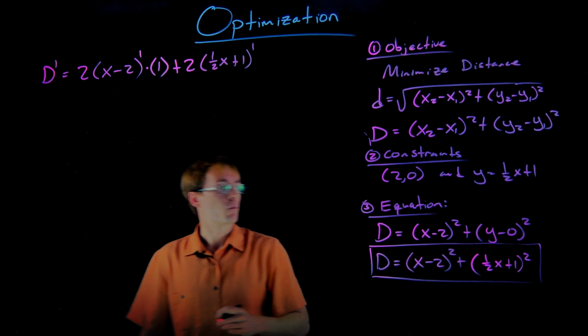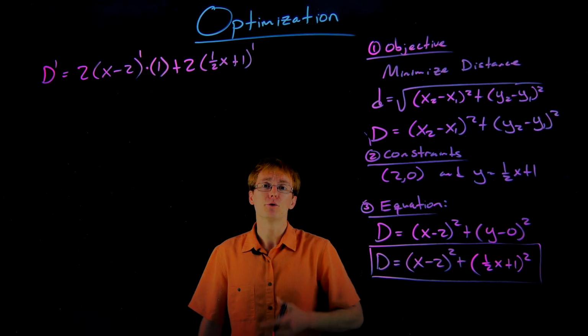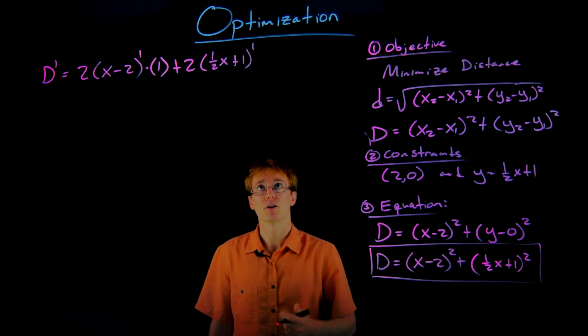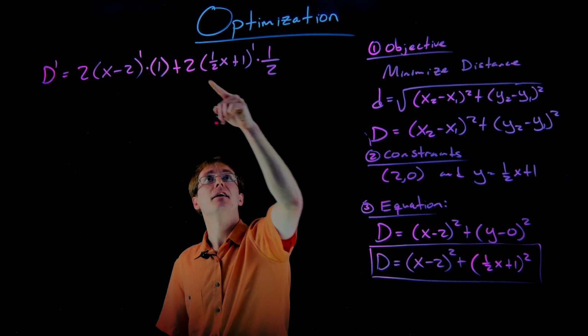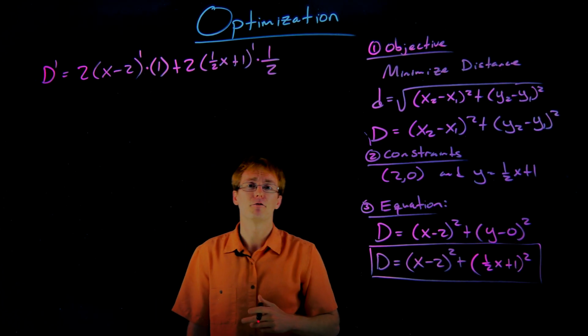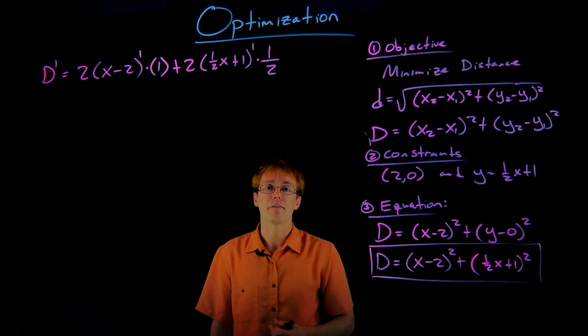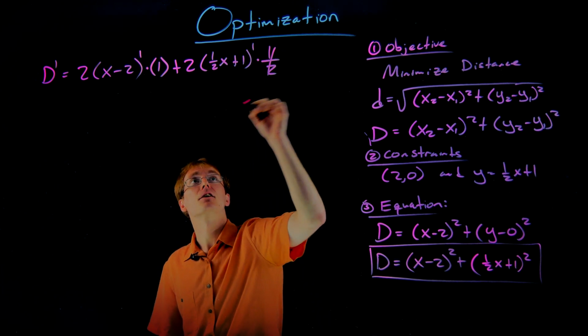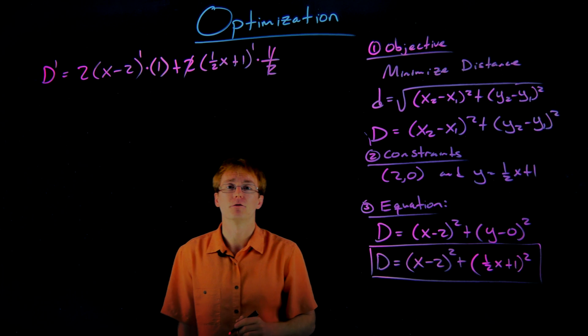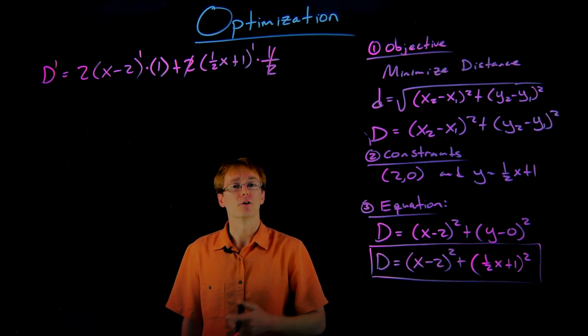Decrease the exponent by 1. So just that so far is giving us 2 times the quantity 1/2 x plus 1. Then we have to remember to multiply by the derivative of what's inside. And the derivative of the inside of our function is the derivative of 1/2 x plus 1. And that derivative is just 1/2. So that 1/2 factor will actually cancel out that factor of 2 that we saw in our earlier step.